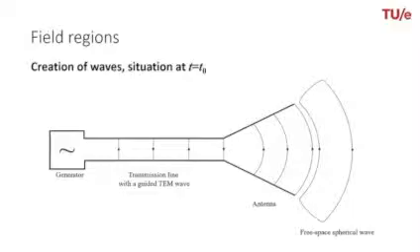And the antenna then converts this guided wave into an unguided or radiating wave, a spherical wave that propagates away from the antenna. Now in this picture you see the orientation of the field. So this is a kind of situation at a particular time moment t = t0. And throughout the web lectures on antennas we will assume again that we have time harmonic fields, similar to what we did in the transmission line theory.